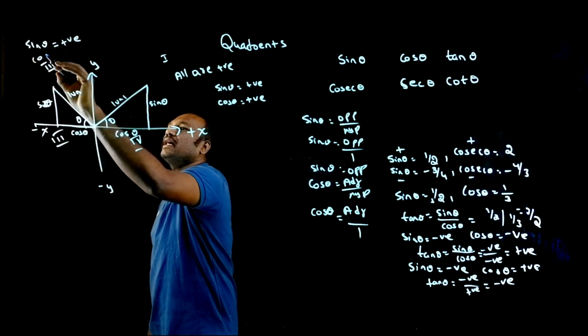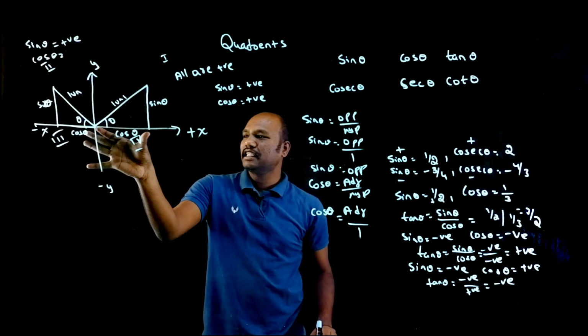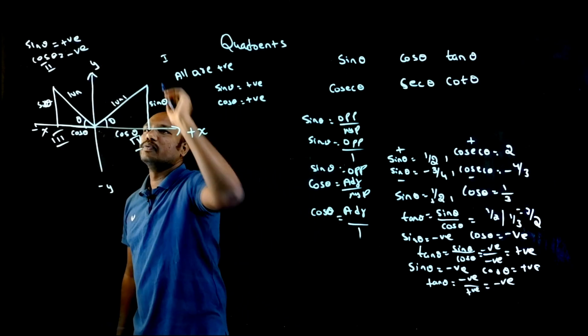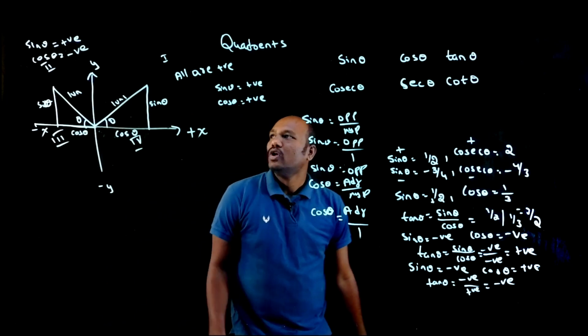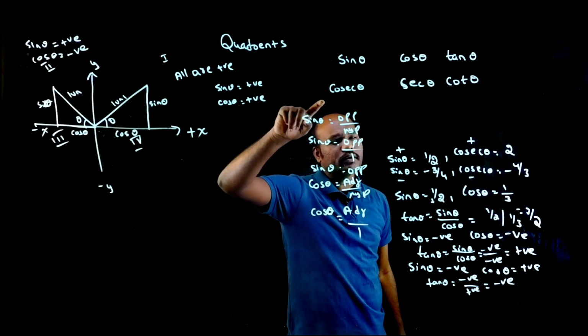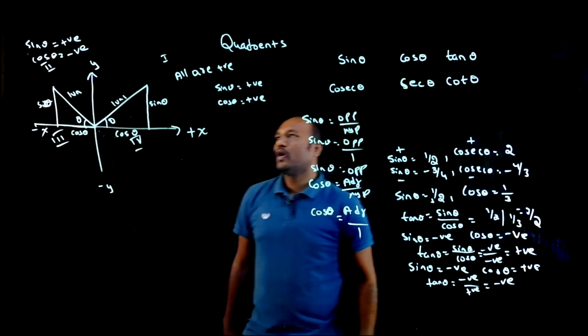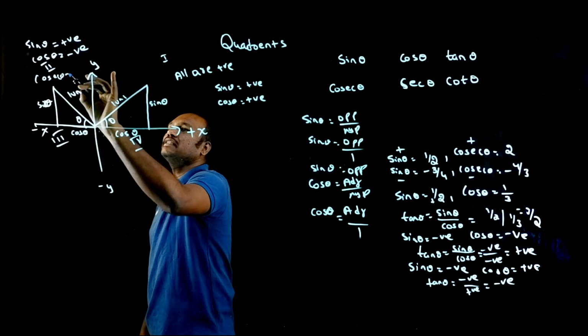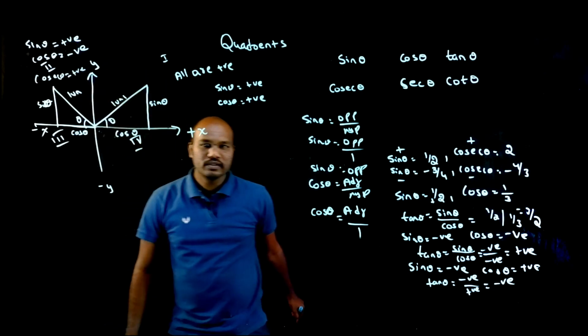What about cos theta? This was positive, this will now become negative. So cos theta is negative. Yes or no? Yes. So if sin theta is positive, cosecant theta will also be positive. So I can write: sin theta is positive, cosecant theta is positive. Yes or no? Yes.